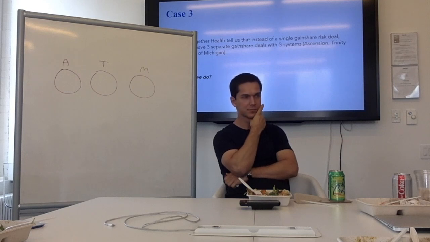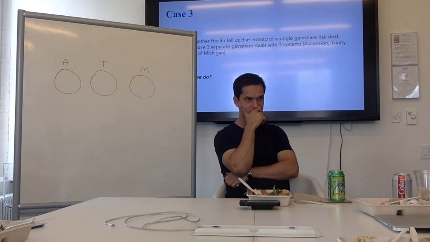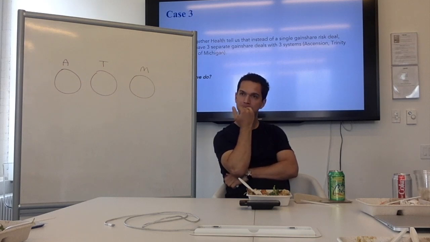I think what Basil's saying is more or less right, which is if you were to use the same gain share threshold, split across 3 systems, it's clearly worse. The fact that some of them can be positive and some of them can be negative means you're going to pay out more when you're looking at 3 different agreements as opposed to one where you just average it.